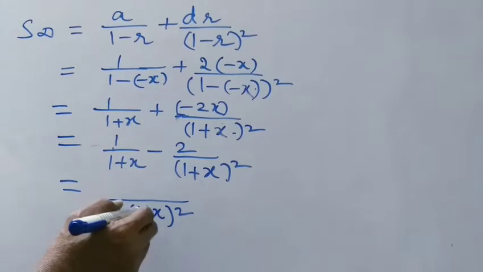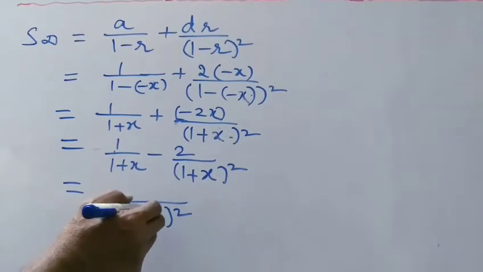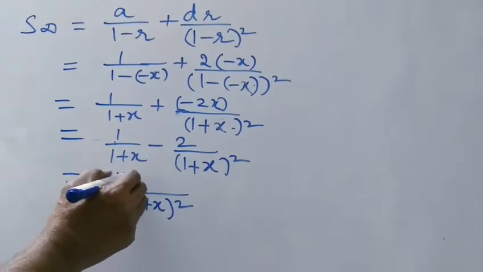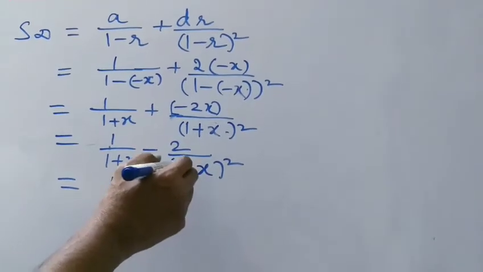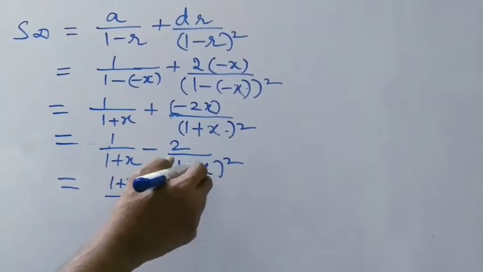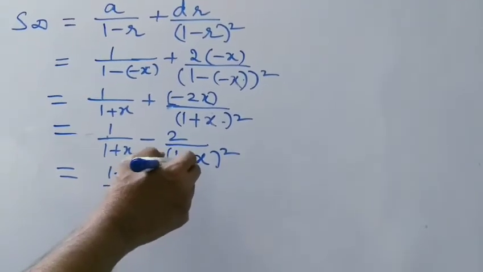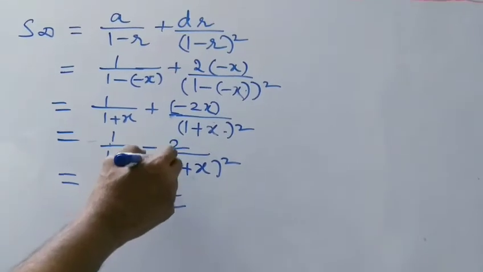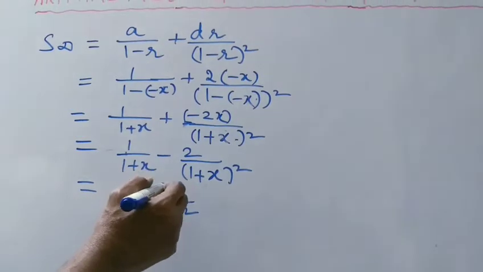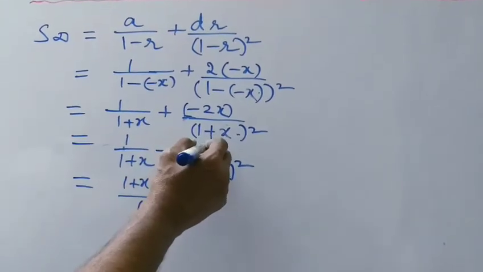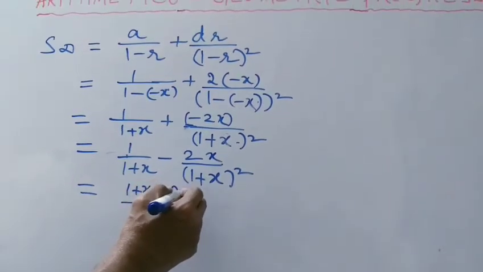Now we can divide (1 plus x) square by 1 plus x, it becomes 1 plus x. 1 plus x into 1, 1 plus x, minus, and the second fraction denominator is (1 plus x) whole square. It divides (1 plus x) square, it becomes 1. 1 into 2, 2x.